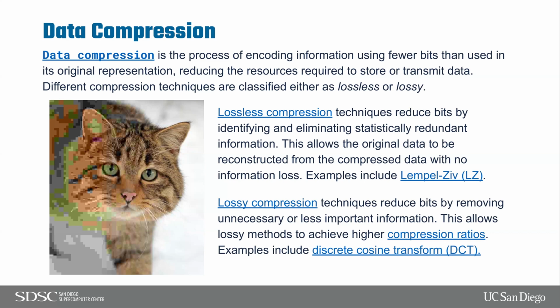One place you probably have a natural feeling for this is with digital images, things like JPEGs. This is an image of a cat, a JPEG image, showing the quality of the image as you move left to right versus the compression ratio used to compress the data in the image.